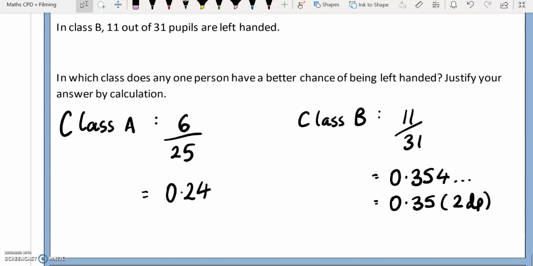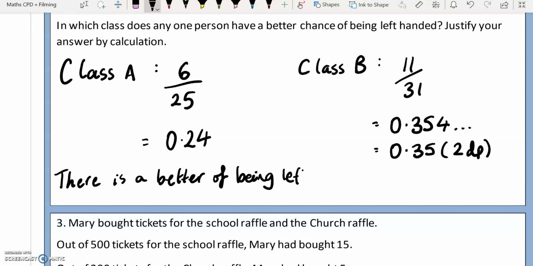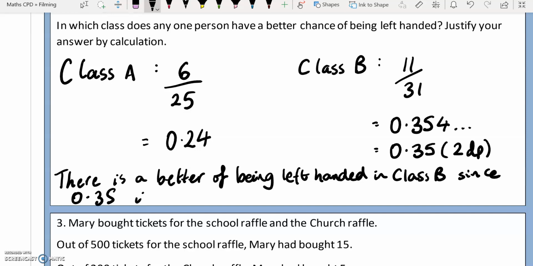So we want to say which class has got the better chance. Well, 0.35 is more than 0.24. So there is a better chance of being left-handed in Class B, since 0.35 is more than 0.24.